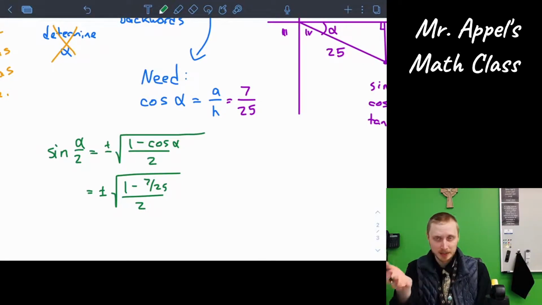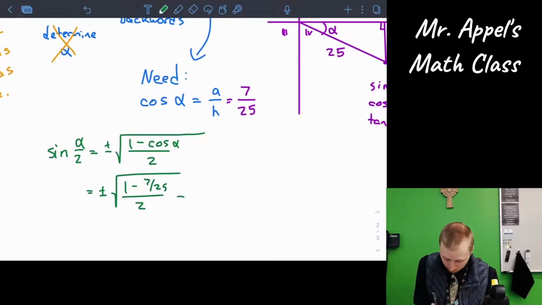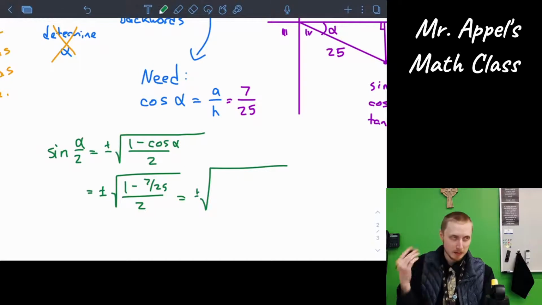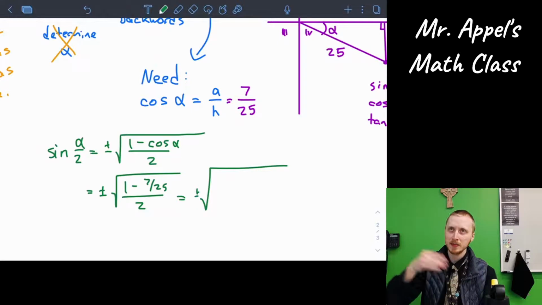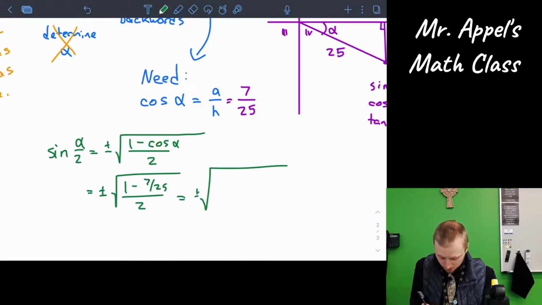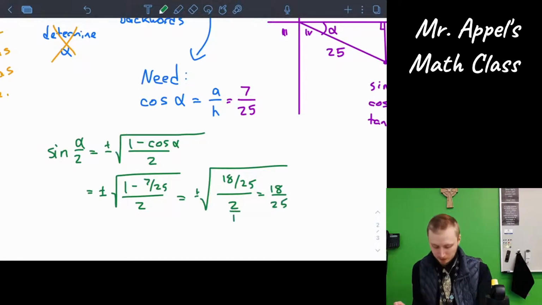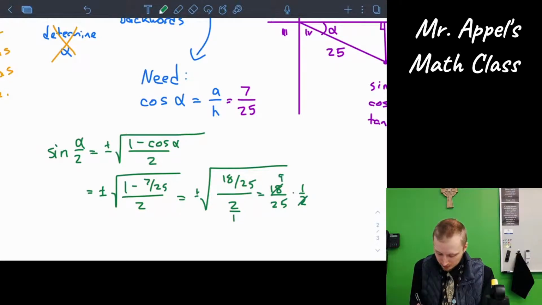So what's 25 minus 7? 25 minus 5 is 20, minus 2 more to get 7 down to 18. So we're down to 18 over 25, all over 2, which is 18 over 25 multiplied by the reciprocal, so times 1/2. That reduces, and we get 9.